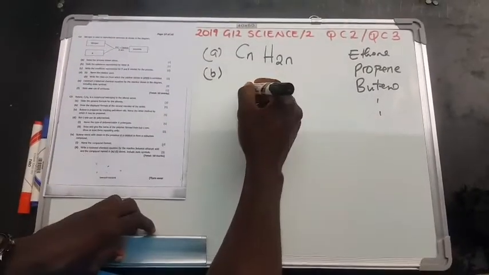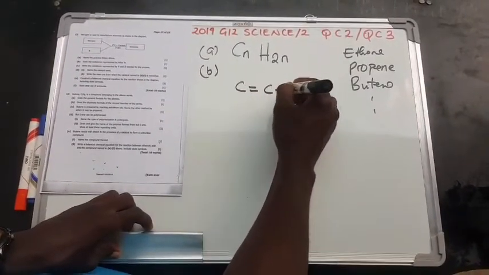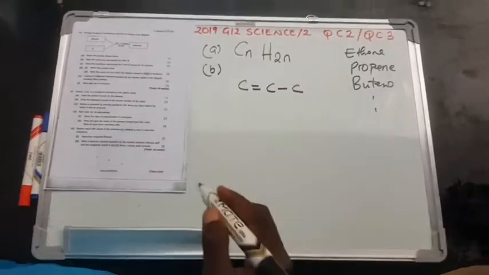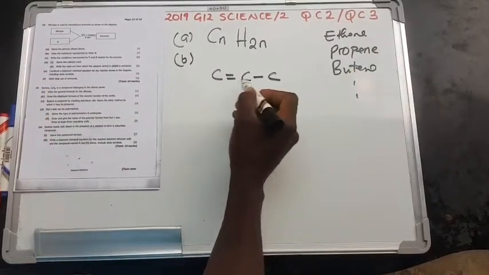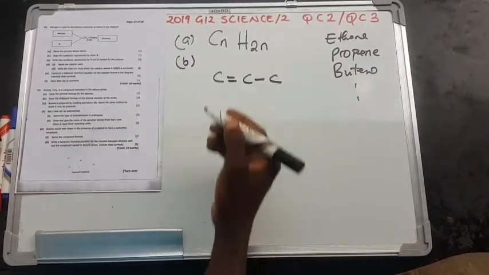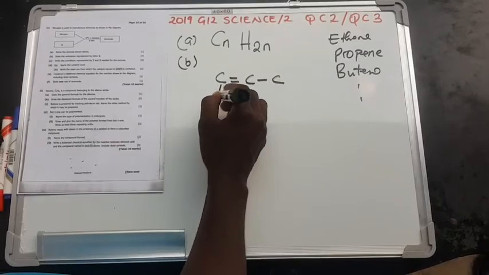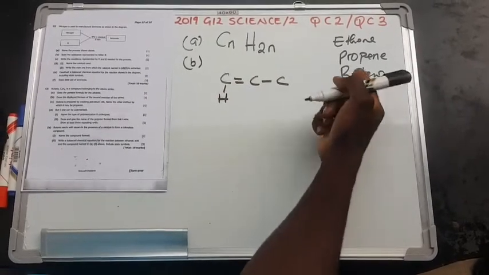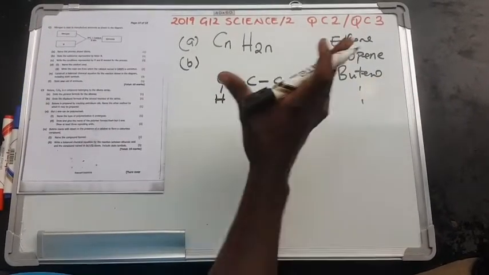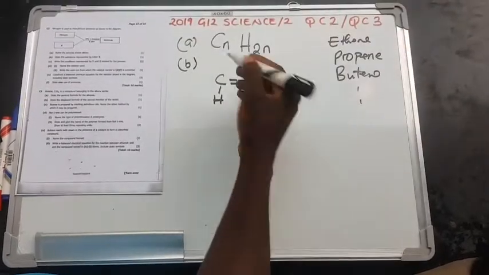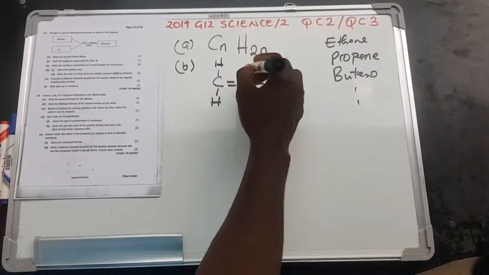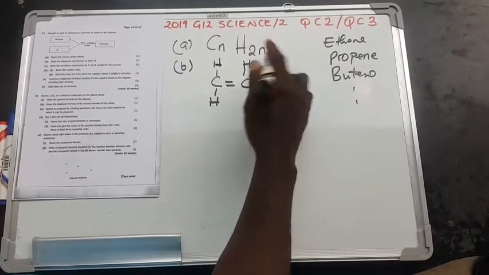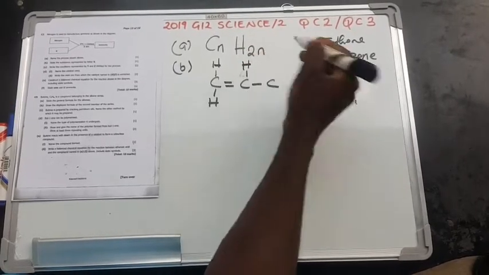There's a double bond there. So you know that if it has got 3 carbon atoms, it's going to have 6 hydrogen atoms. So there you need 1 as well, right? There you also need 1. That's how you should do it if you are doubting yourself.